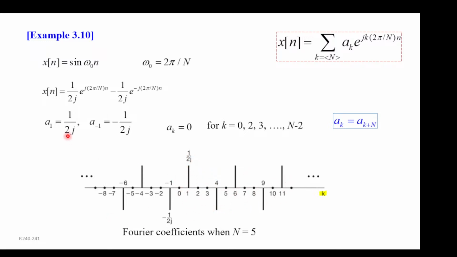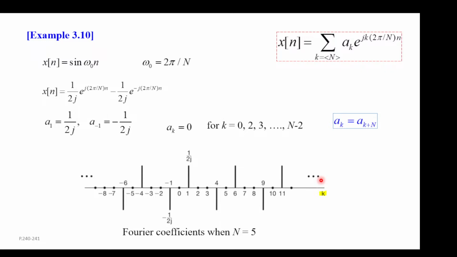So we see our a1 equal to 1/2j and a minus 1 equal to minus 1/2j. And then the signal is really repeating itself with the period 5. So a4 equal to a minus 1 and a6 equal to a1, etc.